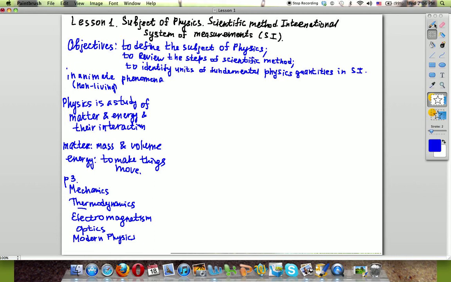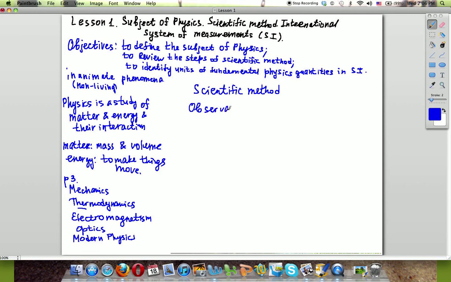Probably when you were a kid, you had a lot of questions about nature because you had done a lot of observations. So the first step is observation, and the result of the observation is a question.